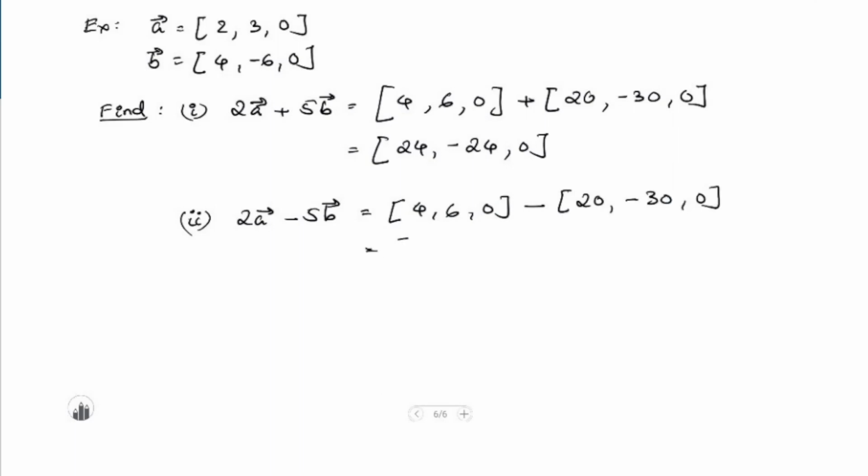And that will give us the answer as 4 minus 20 is minus 16. 6 minus minus 30 will be 6 plus 30, that's 36. And then you have 0 minus 0, that's 0. So I hope now the addition and subtraction using scalar multiplication is clear.